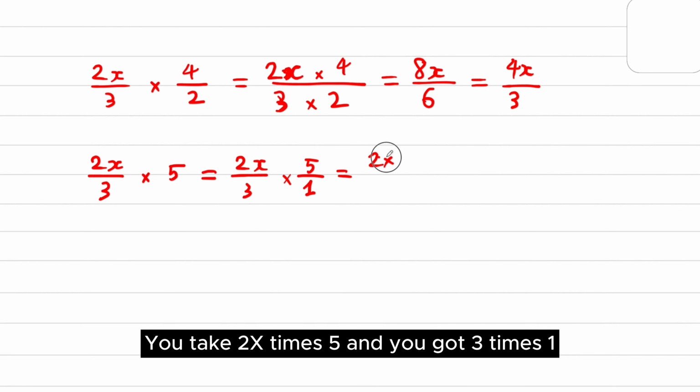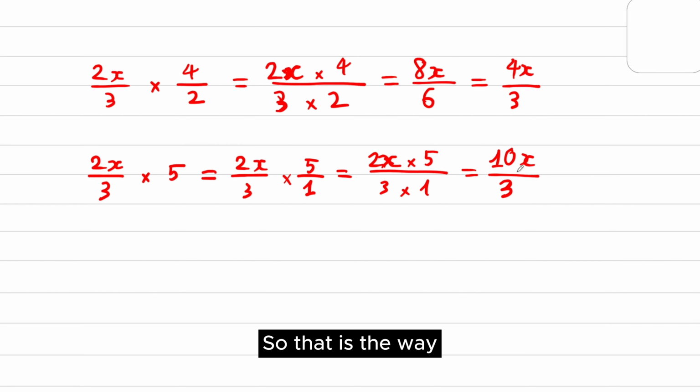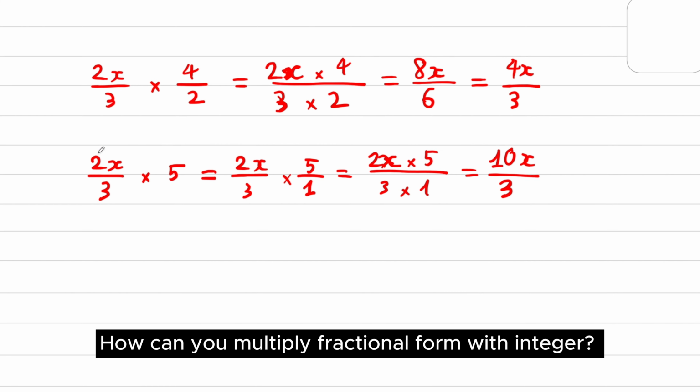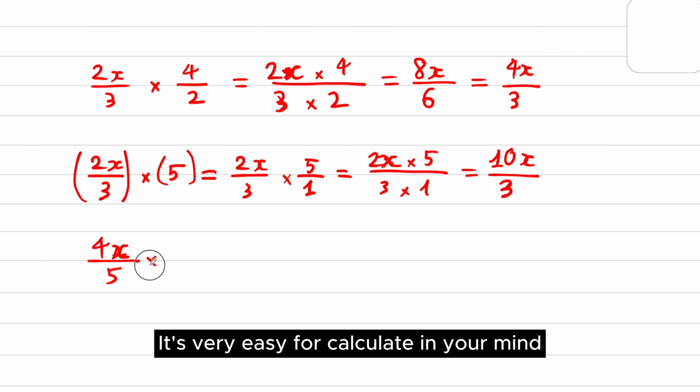You take 2x times 5, and 3 times 1. 2x times 5 gives 10x, and 3 times 1 gives 3. That is how you multiply a fraction by an integer.